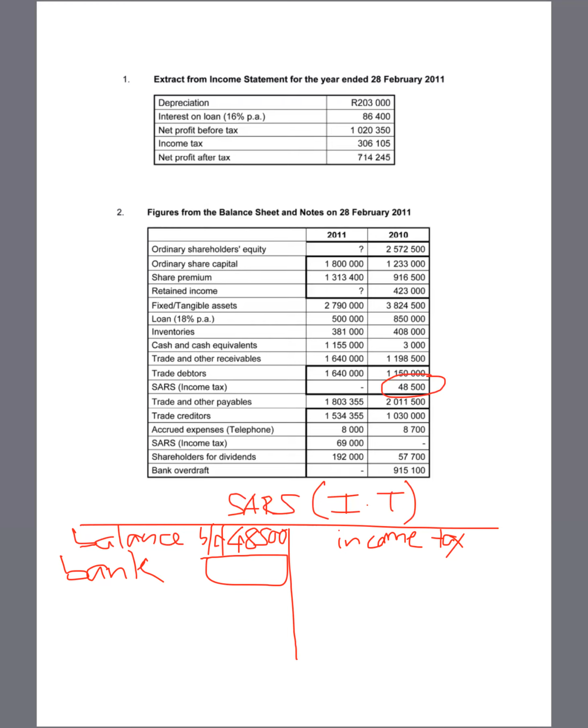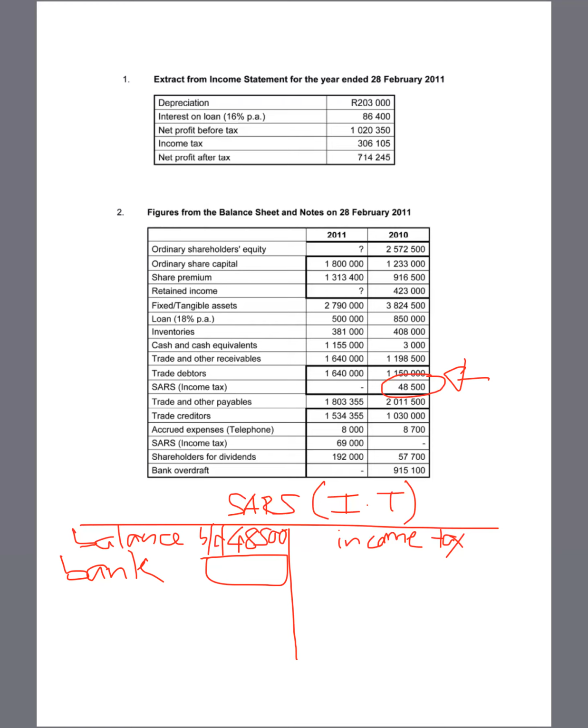Are you with me? Yes. So remember we started by balancing my opening balance, which was 48,500. And now I take my bank and I also debit it, but I leave this space open because that's the amount I'm looking for.